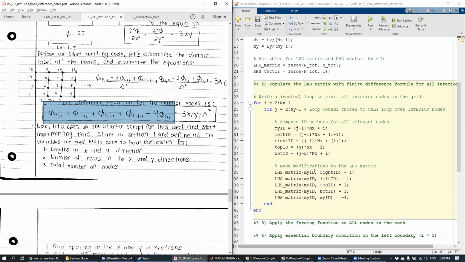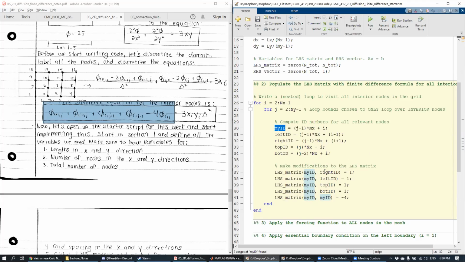Okay. All right. And so remember, the reason I'm using my ID for the first slot for all of these guys is to make sure that all of these entries are going on the same row. Because remember, when we specify coordinates in the left-hand side matrix, we do it by row, comma, column. And so in this case, I just wanted to specify it for the rows. And that's why I had it just be all my ID, because all of these are going to the equation for this my ID equation here.